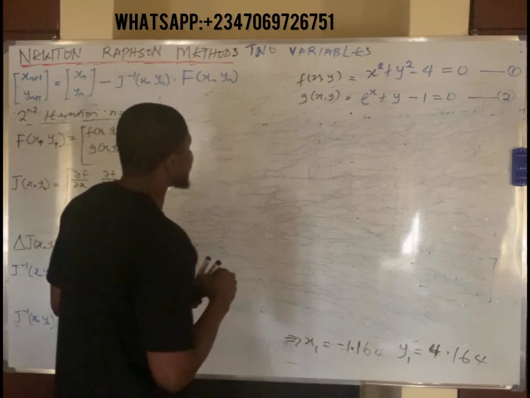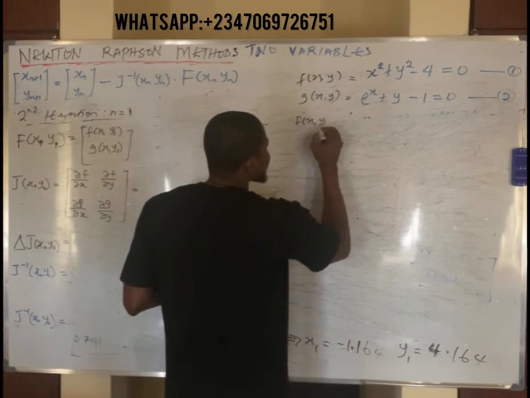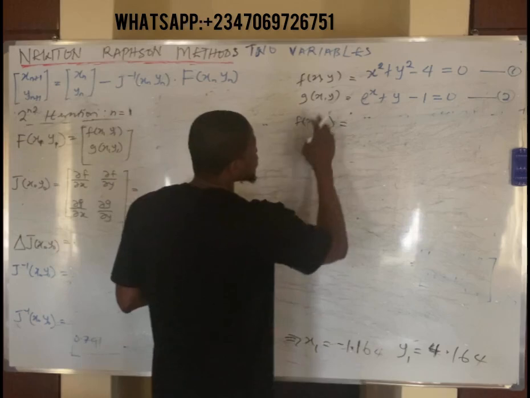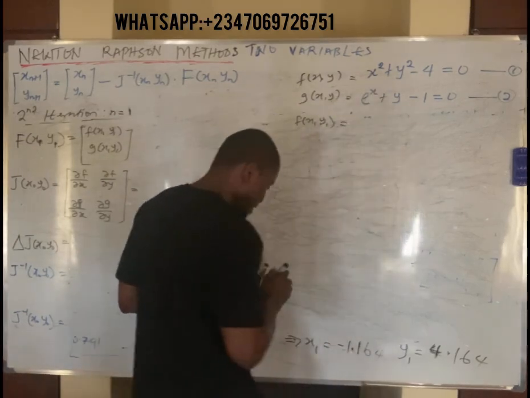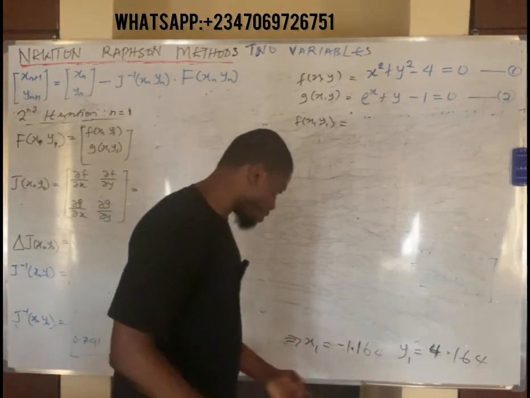So we can do that here. So we find f of x1, y1. This is equal to x squared plus y squared. And x1 here gives us negative 1.164.